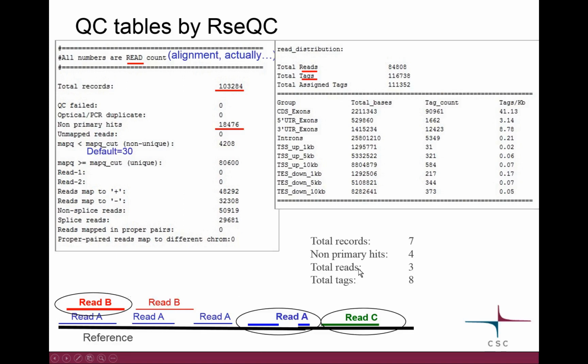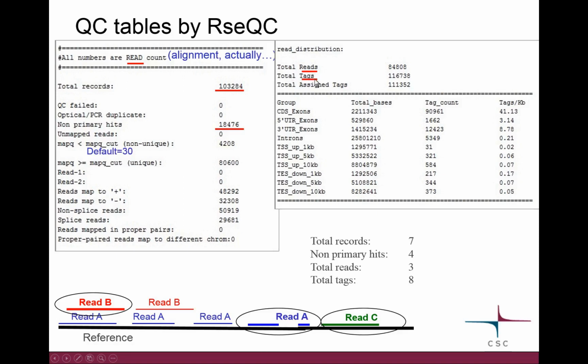Thus we have 4 non-primary hits, these 4 here, because they are the extra hits. The number of reads, the total reads, looking at this number here, is 3, because we have 3 different reads in the data. And then the last number is the total tags.